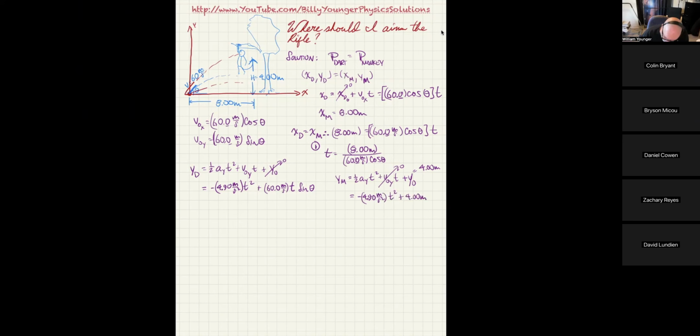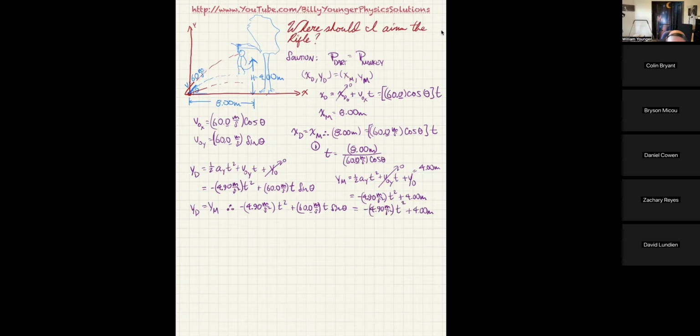So now I can set y dart equal to y monkey at a particular time, and when I do that, I get negative 4.90 t squared plus 60.0 meters per second times t times the sine of theta. That's all equal to negative 4.90 t squared plus 4.00 meters.